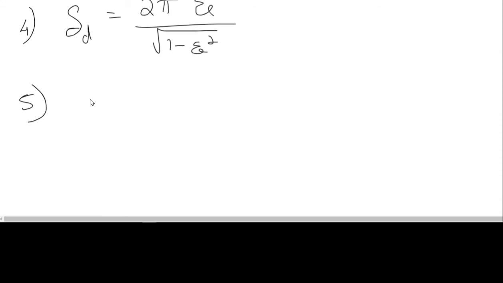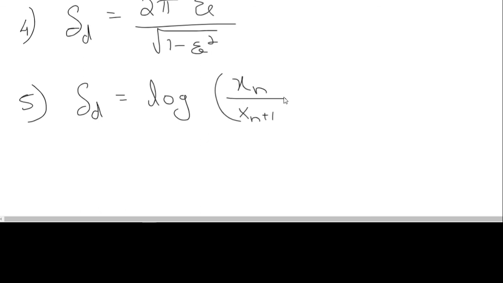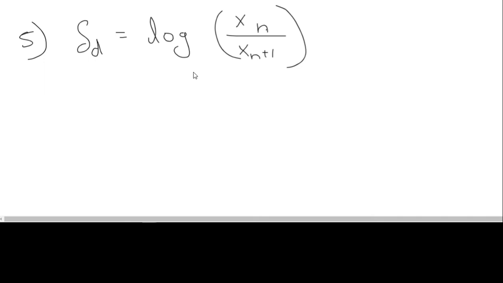Logarithmic decrement can also be found out as log of any two successive amplitudes. Let xn be an amplitude and the next amplitude be xn plus 1. That is the definition of logarithmic decrement.